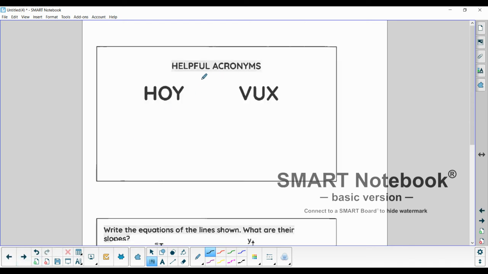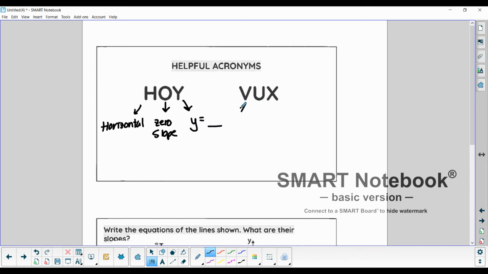So we do have a couple acronyms to help us remember the features of these graphs. So H stands for horizontal. So if a line is horizontal, the O stands for 0 slope, so it'll have a slope of 0, and the Y tells us the equations will be y equals.